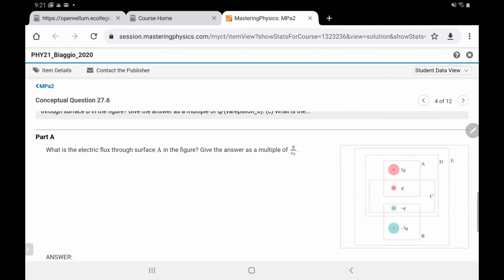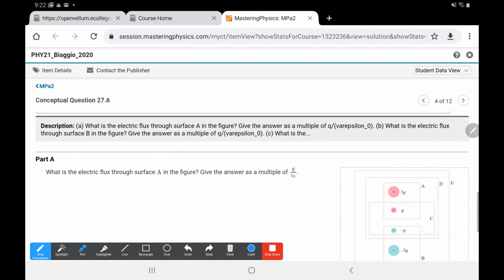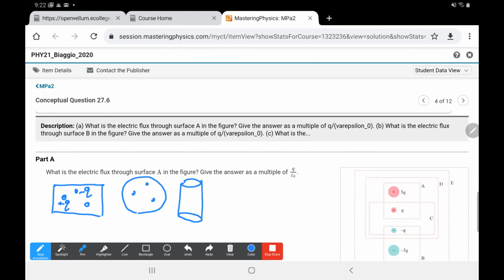That is, if we have a closed surface, any surface, no matter if it is a box or sphere or cylinder, and if this closed surface includes charges inside, positive charge, negative charge, or different values of charges, then these charges generate an electric field, and this electric field goes through the surface.